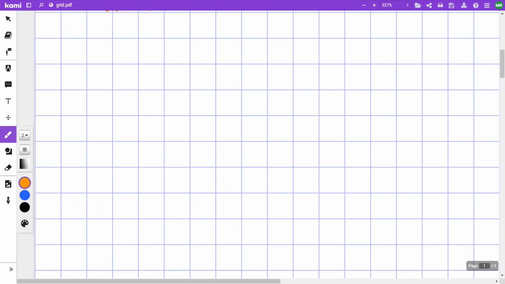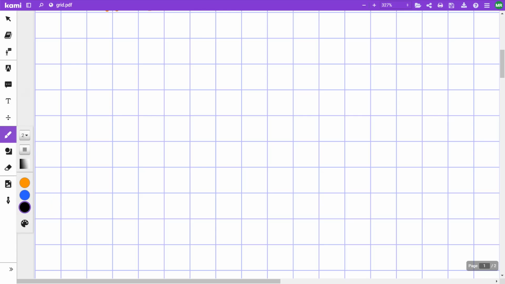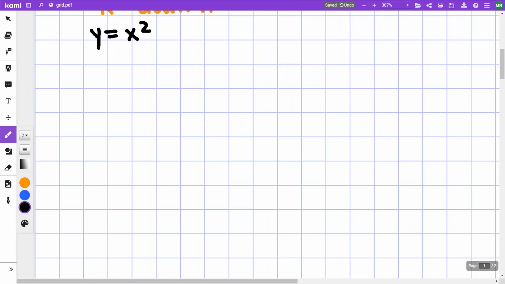So what I'm going to do is graph the plain old y equal x squared. And when we're graphing this, we will only in this situation have positive values.